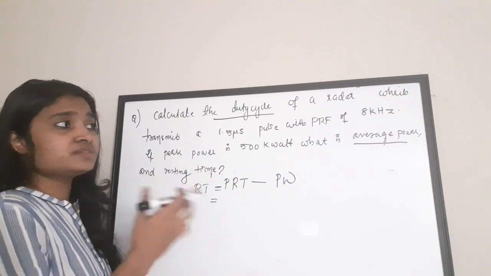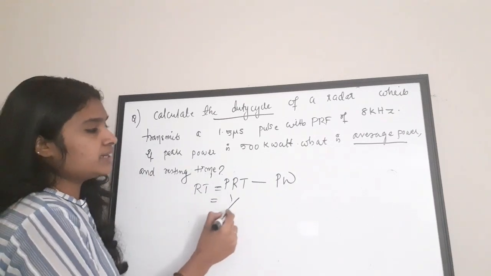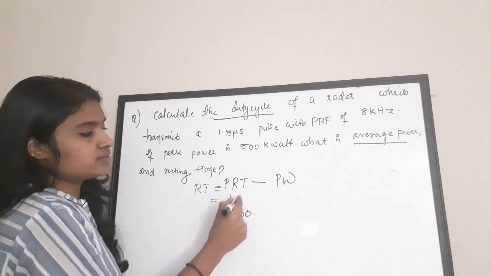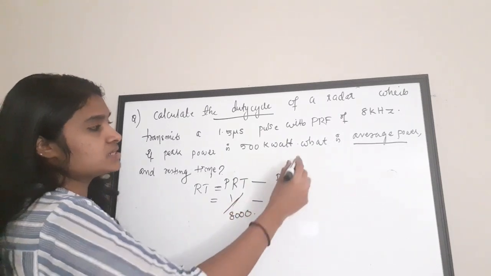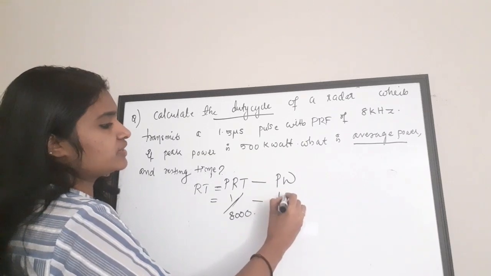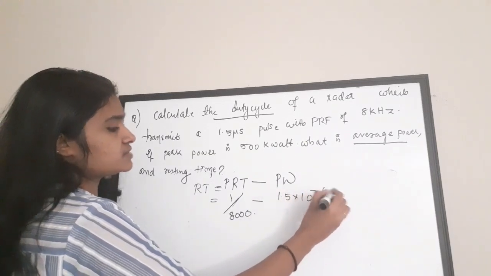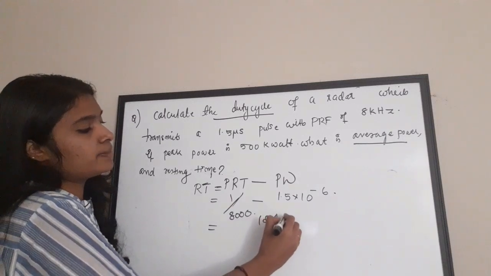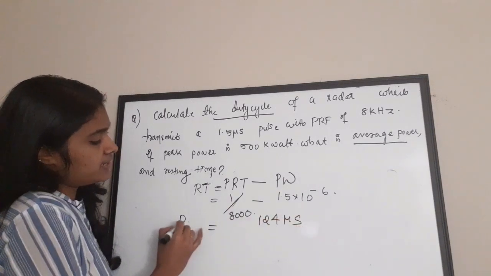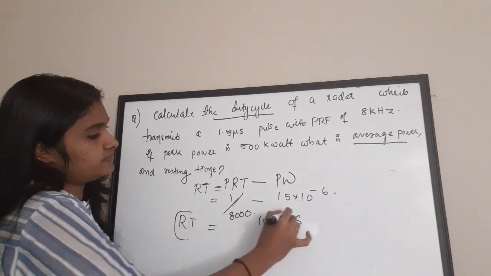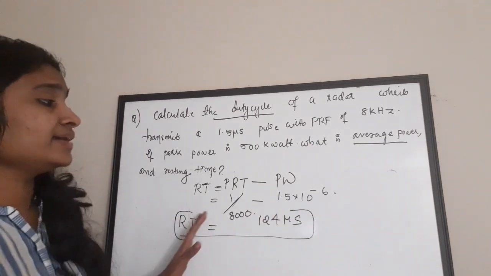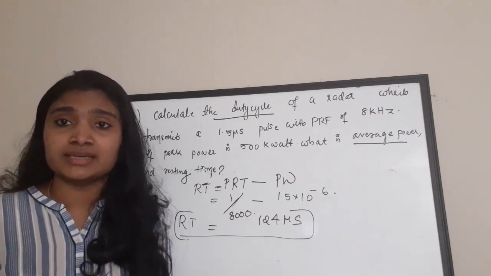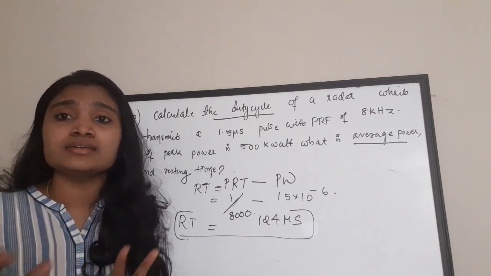How will you find the pulse repetition time? 1 by 8 kilohertz, which means 1 by 8,000, minus pulse width, which is 1.5 into 10 raised to minus 6. If you solve this, you will get 124 microseconds as the resting time, or RT. So the resting time is 124 microseconds. That is, for 124 microseconds, we can consider that the radar is idle.